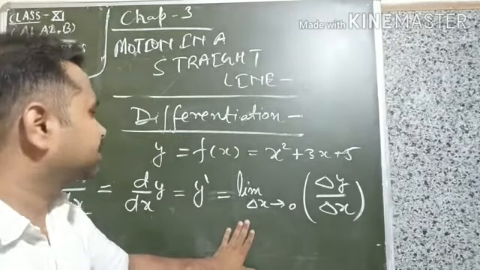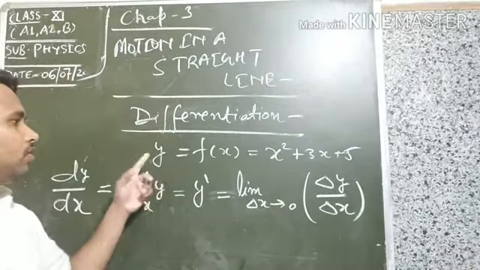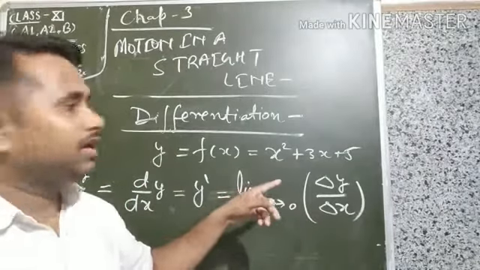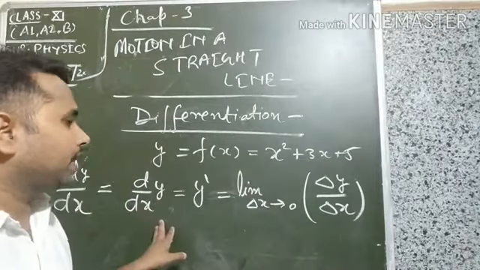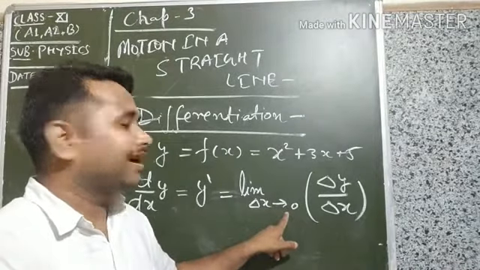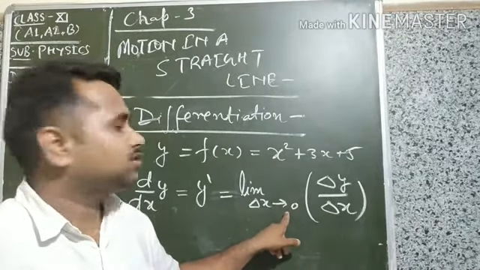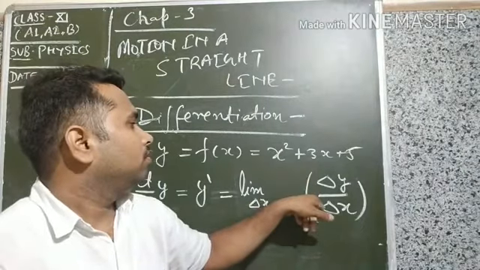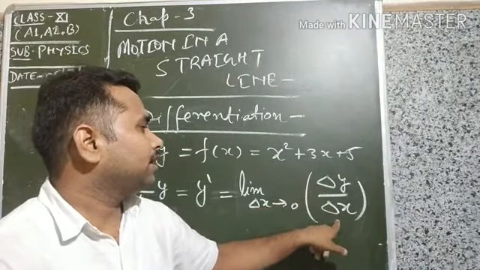What is this? See here. Derivative of y with respect to x, differentiation of y with respect to x, is equal to limit delta x tends to 0 of this ratio delta y by delta x.